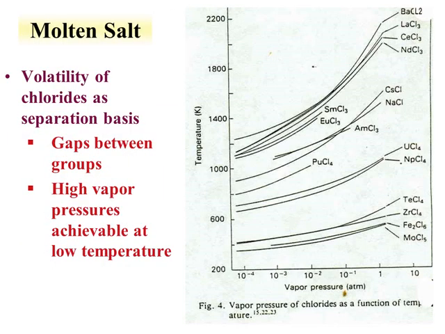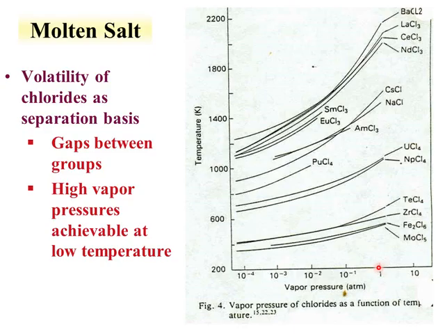As we discussed previously, volatilities are also a route for separation, and this can be applied to the molten salt system. Here's an example of temperature versus vapor pressure for different chloride systems. As we see, they can break into a few groups. We have shown here tellurium, zirconium, iron, molybdenum chlorides, relatively high volatility at low temperatures.